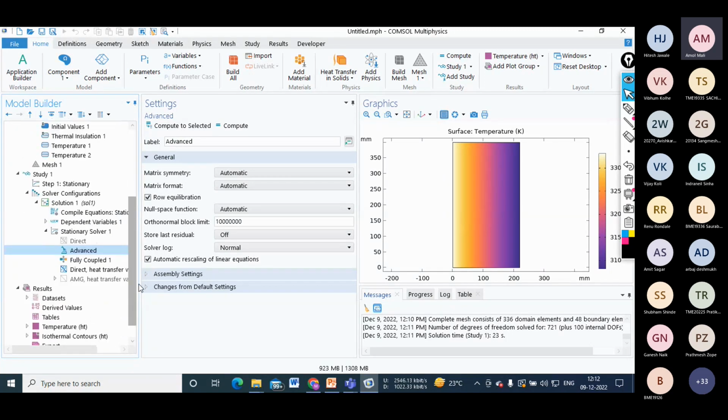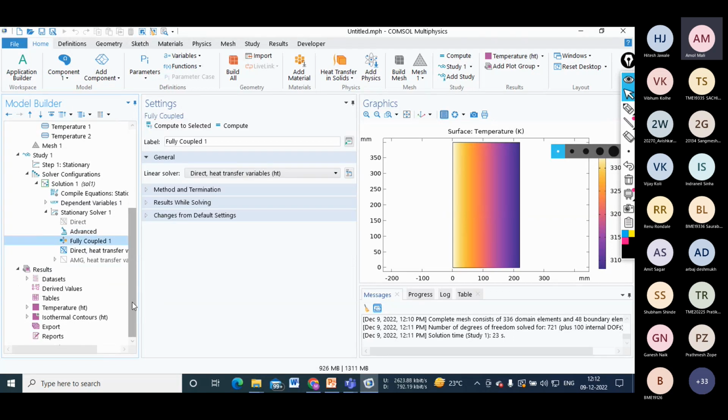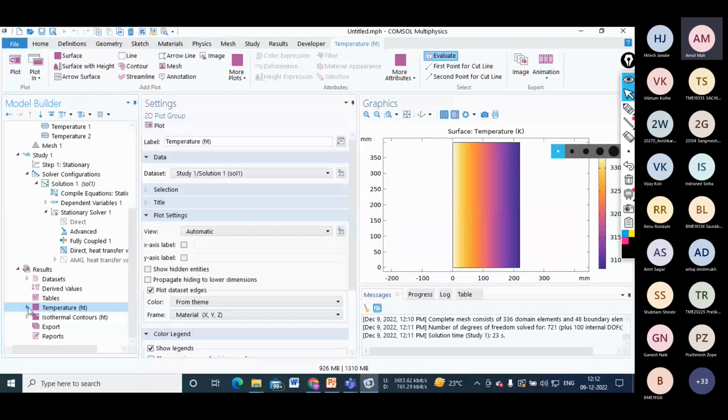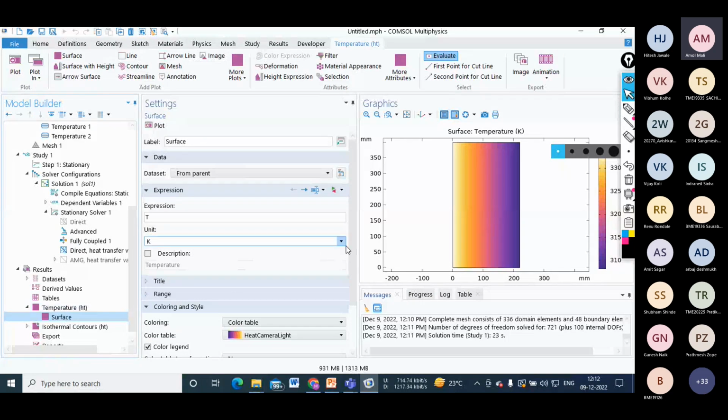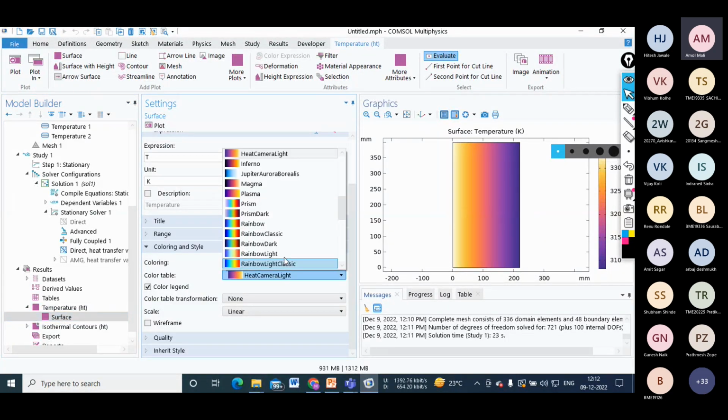Okay, so now problem has been solved. Now here you can see the results. By default software result will be provided here. So here you can see I will change the color. सरफेस में जाके यहाँ पर आपको क्लिक करना होगा। You can use the thermal color.